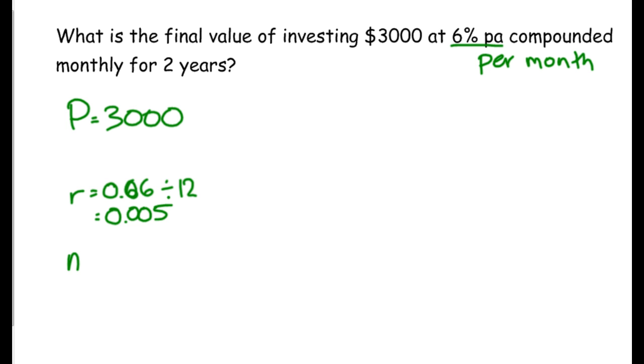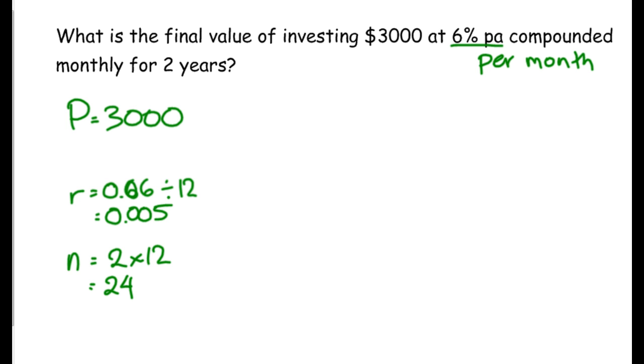Now, number of time periods. How many months in 2 years? There are 12 months in 1 year. How many months in 2 years? I could do 2 times 12 gives me 24 months. That's how many times my account is being compounded.